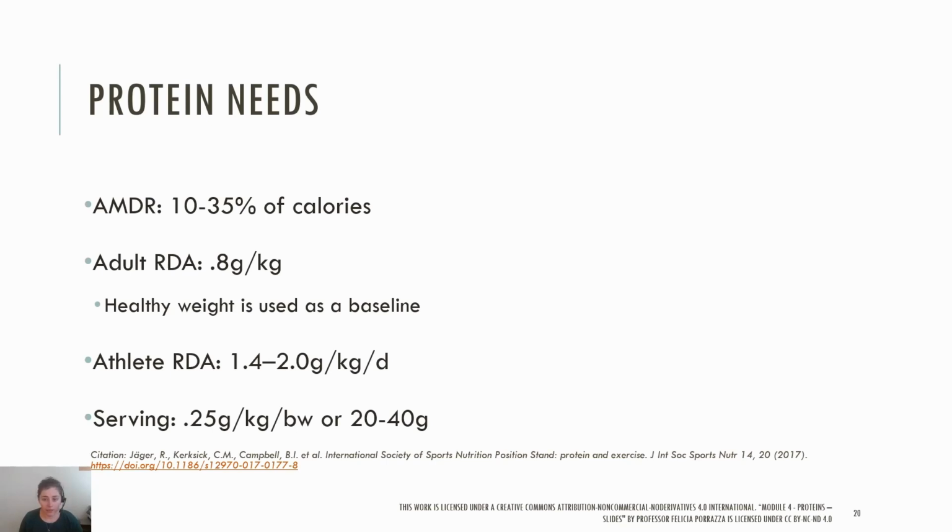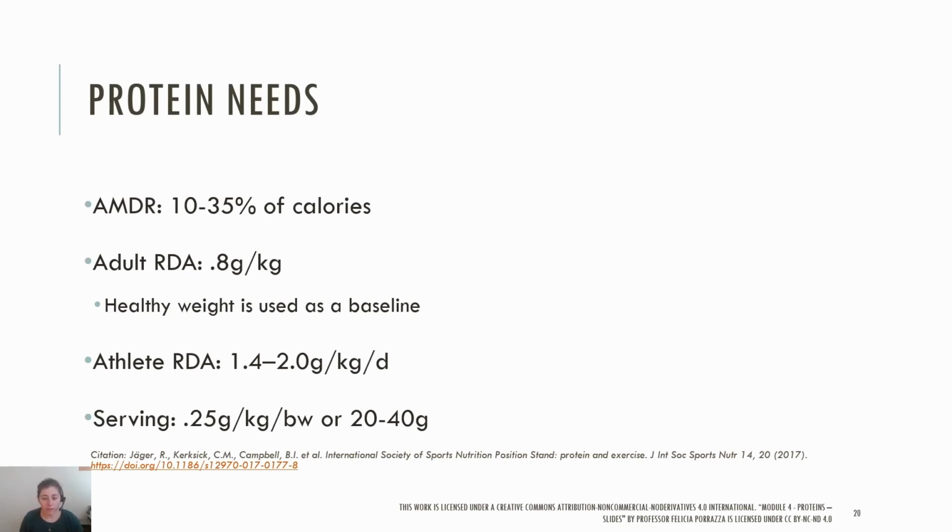Growing children, adolescents, women who are pregnant, lactating women, and athletes are all at a higher need for protein. The International Society of Sports Nutrition recommends for building muscle mass and for maintaining muscle mass through positive muscle protein balance, an overall daily protein intake in the range of 1.4 to 2 grams per kilogram of body weight per day is sufficient for most exercising individuals.